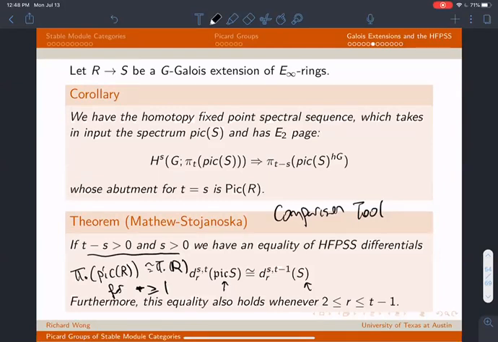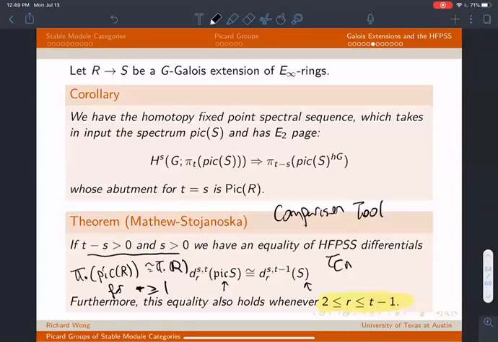But more importantly, they also show that this equality holds whenever the rth differential is between 2 and t minus 1. And this is coming from an identification in the stable range of a truncated spectrum.